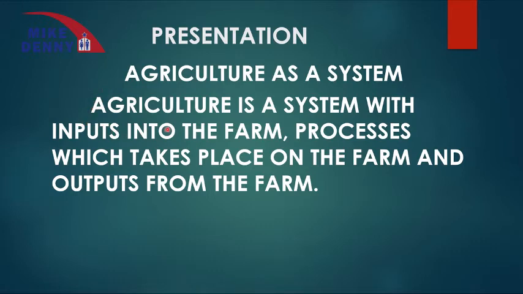That's why we say agriculture is a system with inputs, take note of input into the farm, with processes which take place in the farm, and finally output which comes out from the farm. So agriculture is made up of inputs, processes, and outputs. That's what makes agriculture a system.